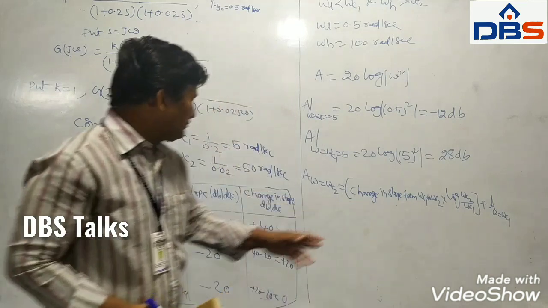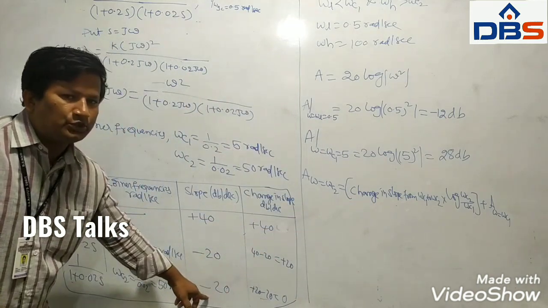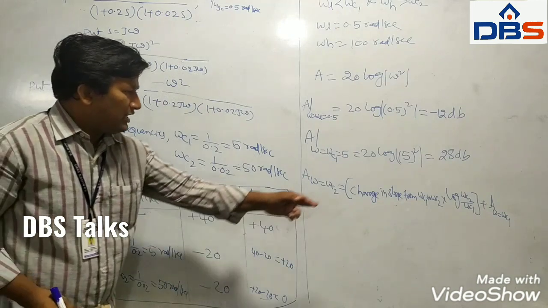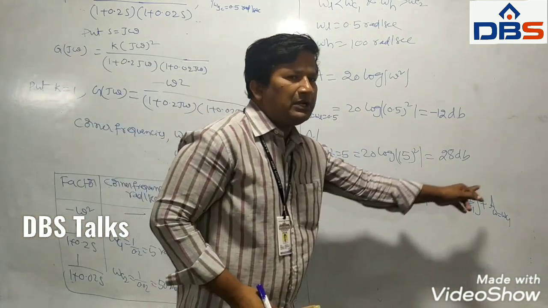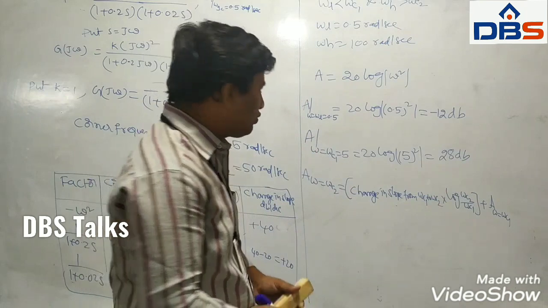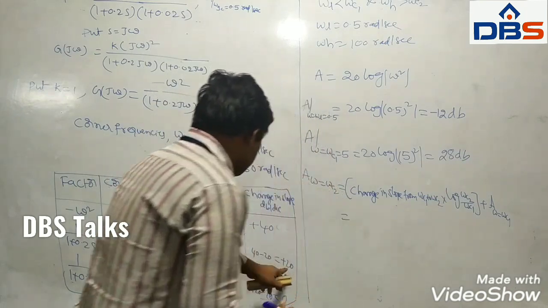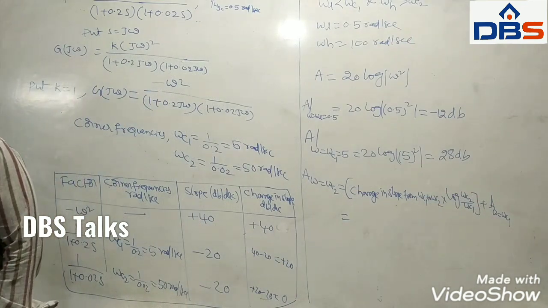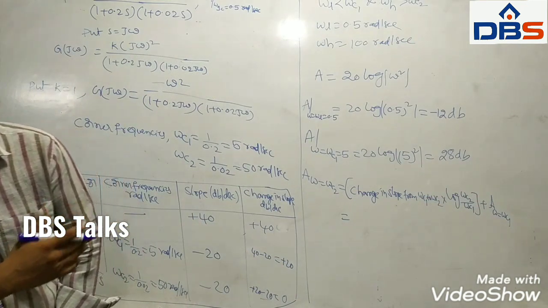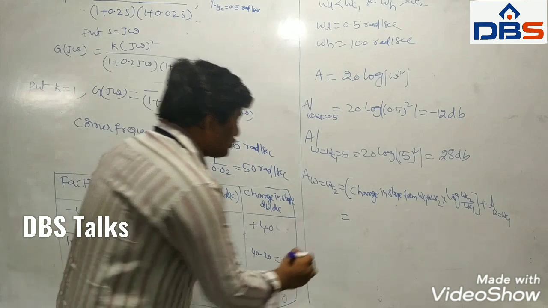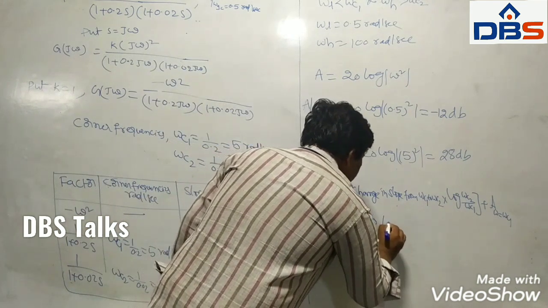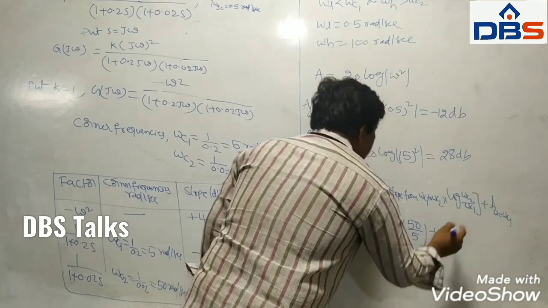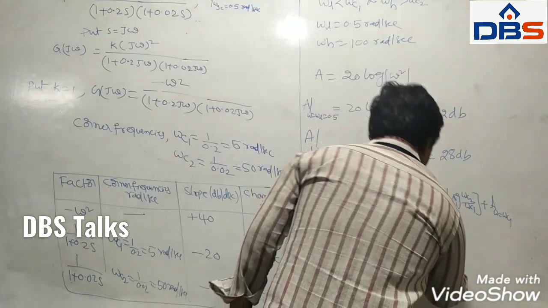So plus 20 is the change in slope from omega c1 to omega c2. So 20 log omega c2 is 50 and omega c1 is 5, plus gain at omega c1, 28 dB.